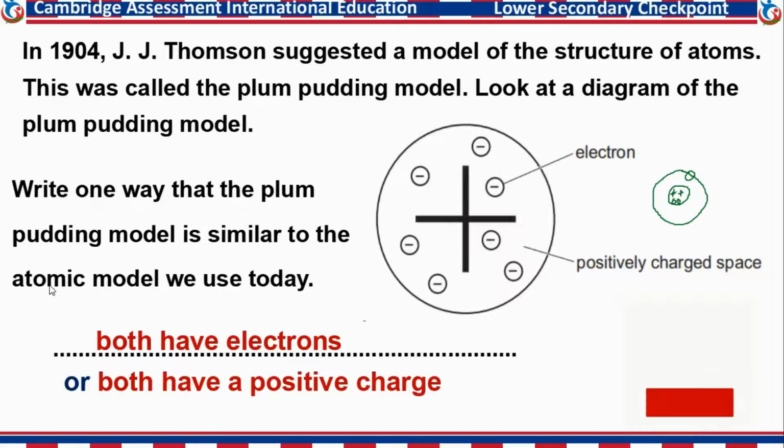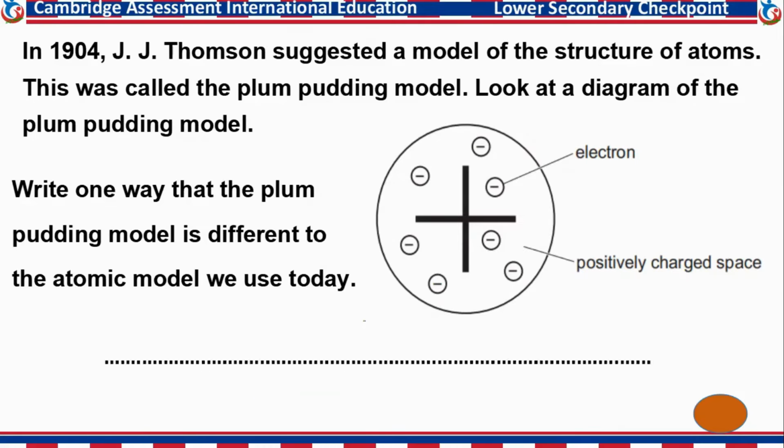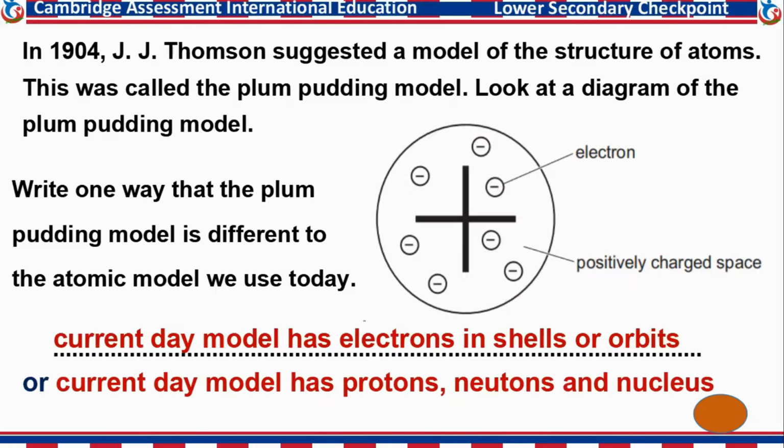This takes us to the other question that says, write one way that the Plum Pudding model is different from the atomic model we use today. The major difference is that the current day model has electrons in shells or in orbit.